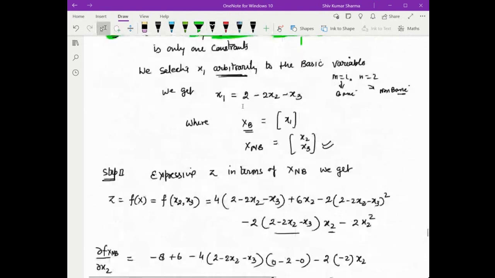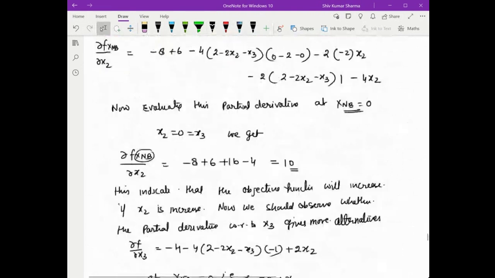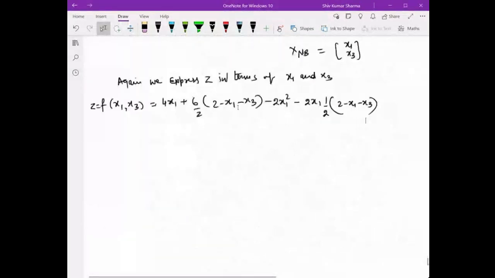And minus 2x2 square, where x2 square means 1 by 4 times (2 minus x1 minus x3) the whole square. So we simplify this and find the derivatives with respect to the non-basic variables, del f upon del x1.